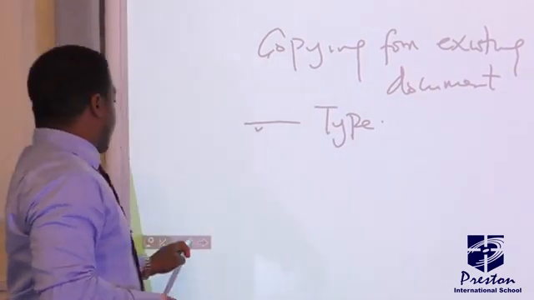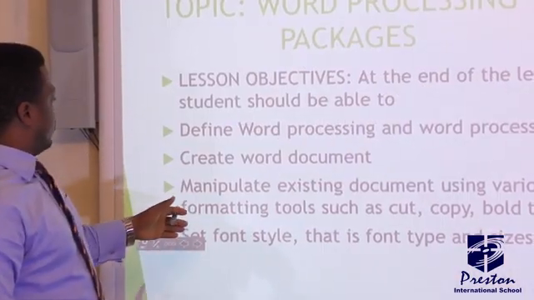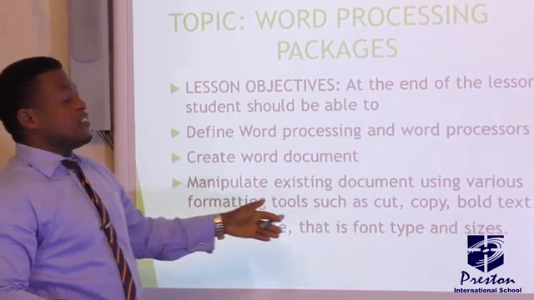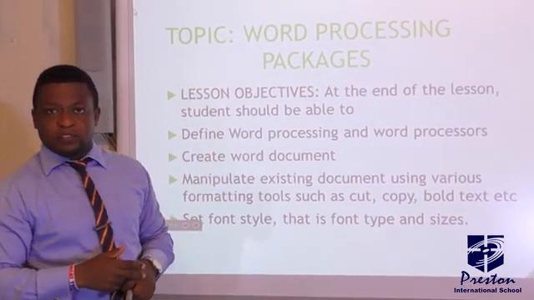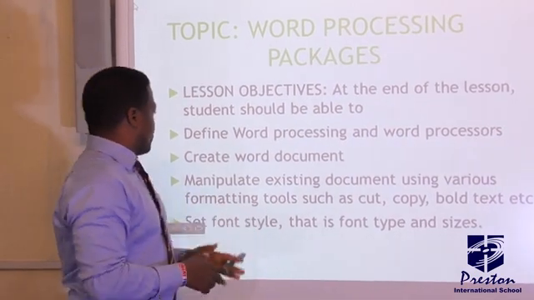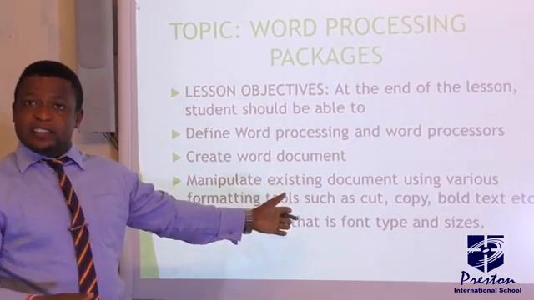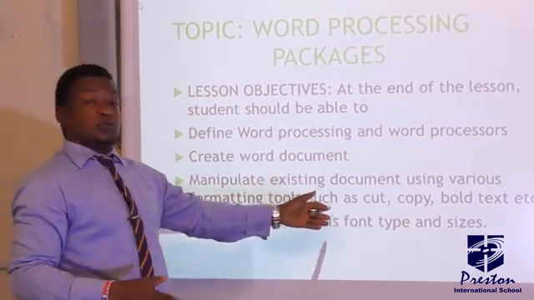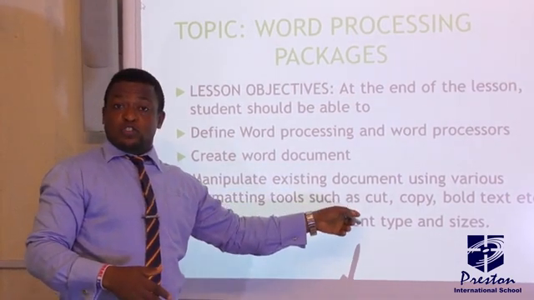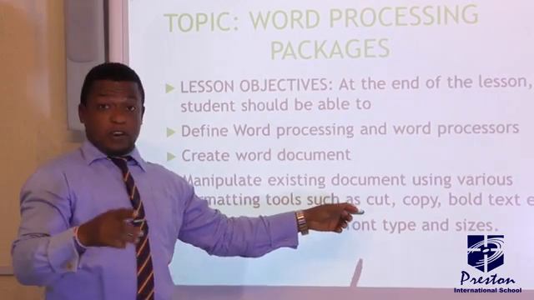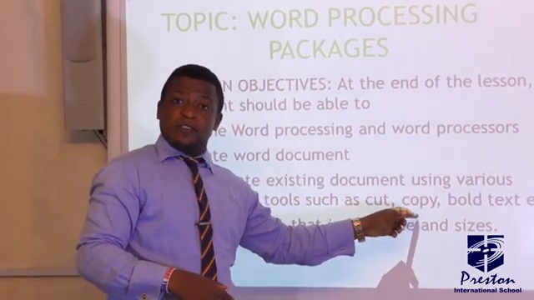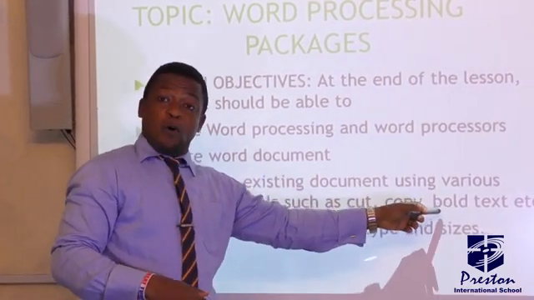Okay? Now, according to the third objective, how do I manipulate this document I have created or that you will be creating? There are various ways to do that. Formatting tools will be needed. And what are the examples of these formatting tools? You have the cut. Of course, you know the shortcut for that. That is Ctrl-X. I can see somebody telling me that Ctrl-X. That's correct. Then that's copy. You can copy. You can bold a text.